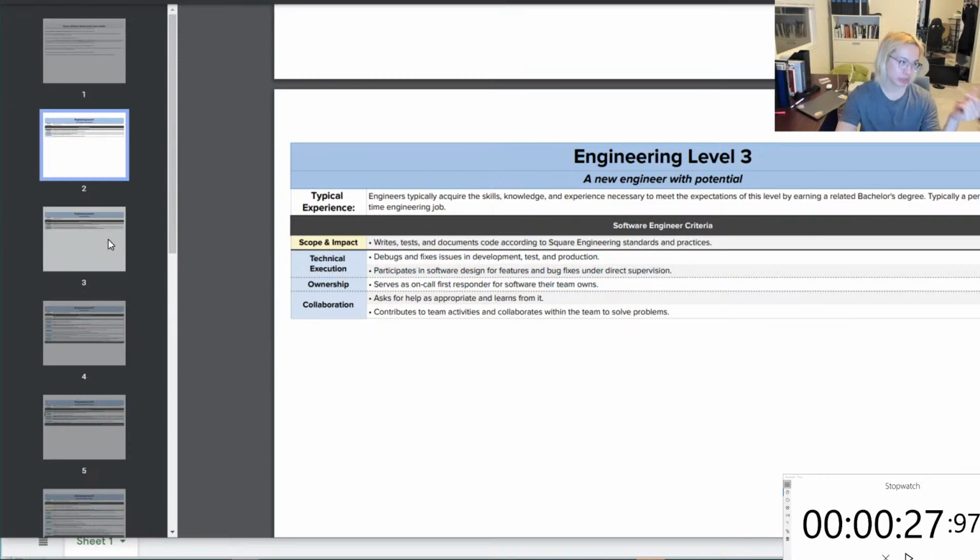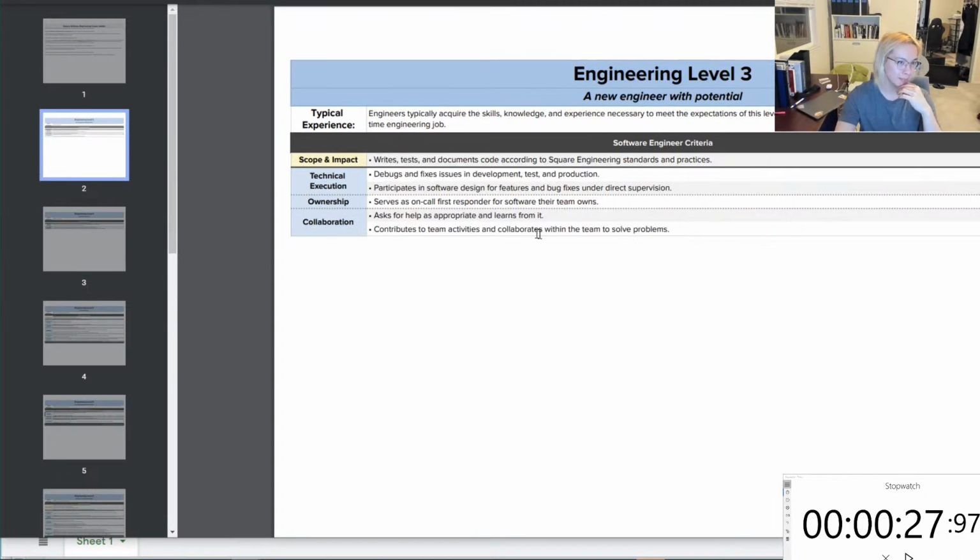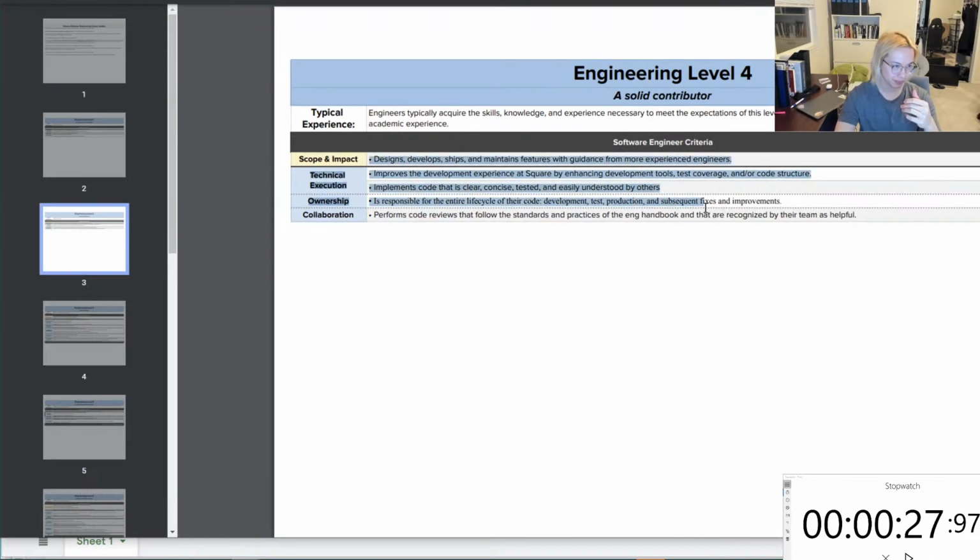And here's the secret sauce. Sprinkle in a little bit from the next higher level. So for instance, if I'm applying for an L3 position, I'm going to make sure my projects cover all this and have a little bit of design, develops, ships, and maintains features with some guidance. I'm going to make sure I sprinkle that in.